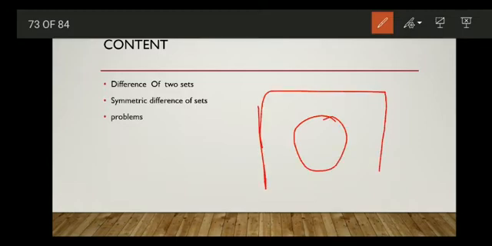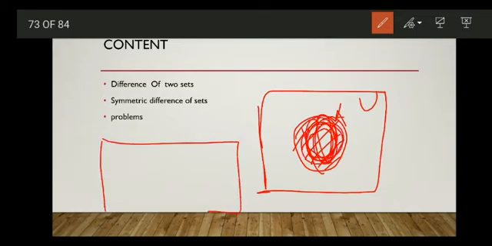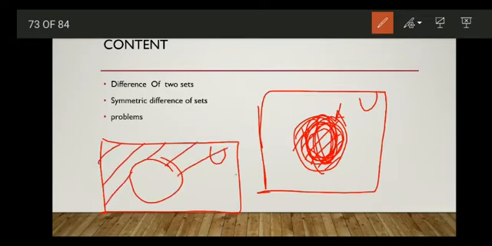So, if a set A is there, in the universal set U, this is our set A. What will be the complement of A? Elements other than elements of A. So we have to neglect these elements and we have to write all other elements in the universal set, right?